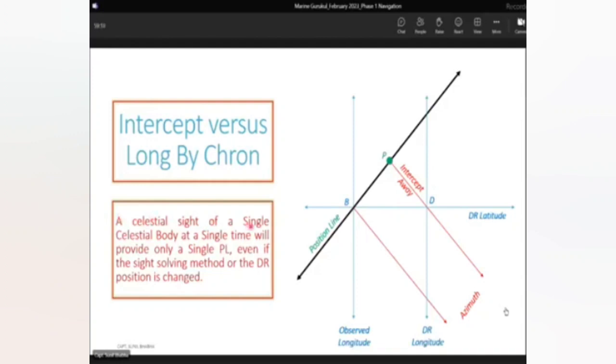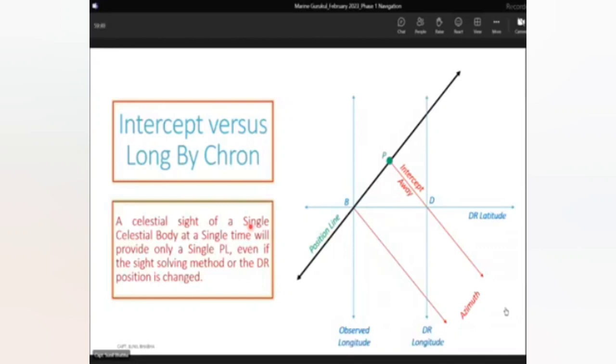Because of a concept: from a single celestial body at a particular time, irrespective of whichever method we use, we can obtain only one single position line.